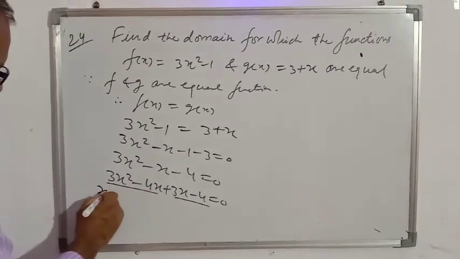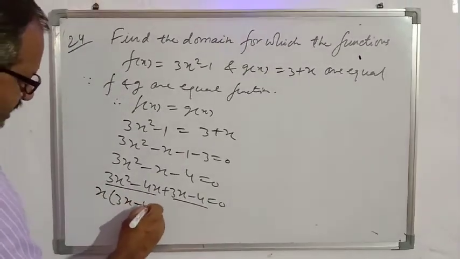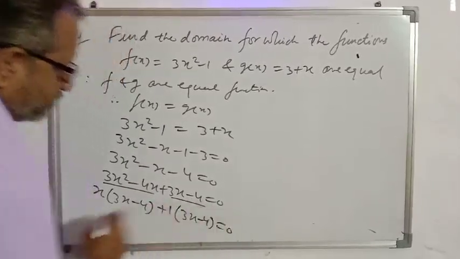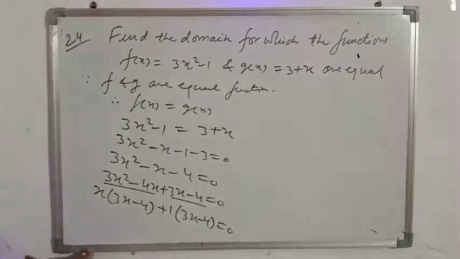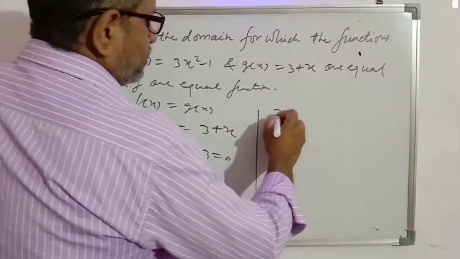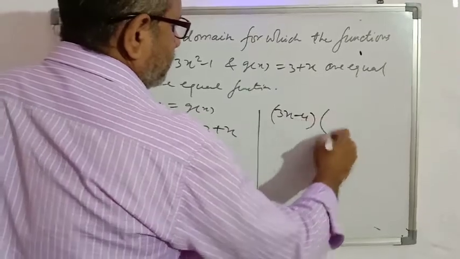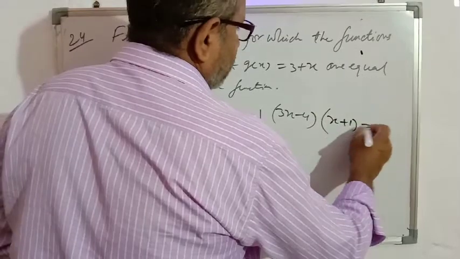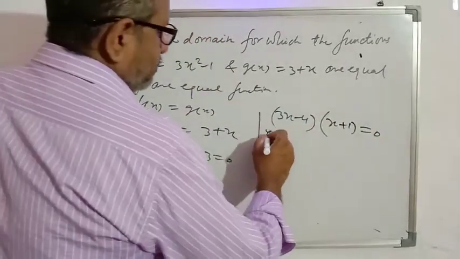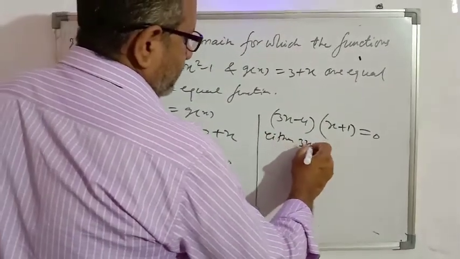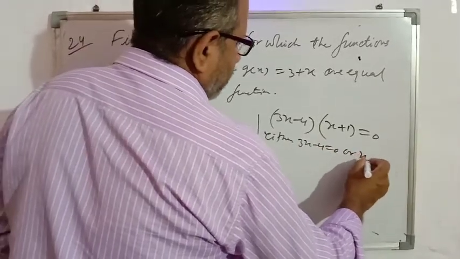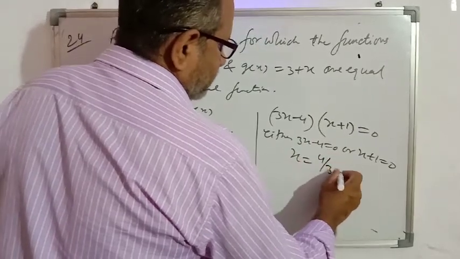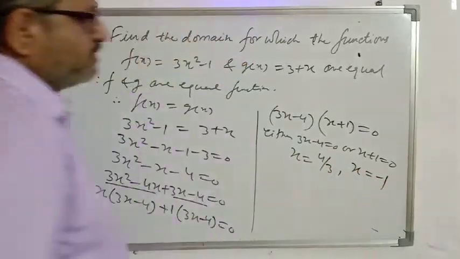So what is common? x. x(3x minus 4) plus 1(3x minus 4) is equal to 0. 3x minus 4 is common in both, and x plus 1 in the other bracket is equal to 0. It means either 3x minus 4 is equal to 0 or x plus 1 is equal to 0. So it will give x equal to 4 by 3 and x equal to minus 1.